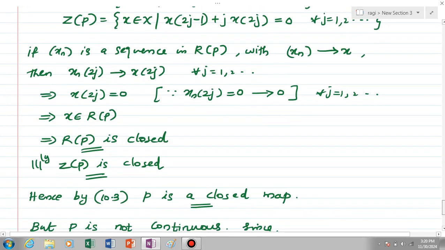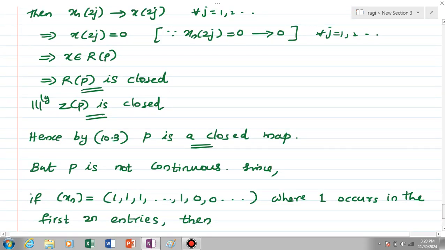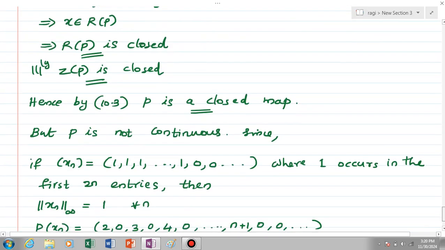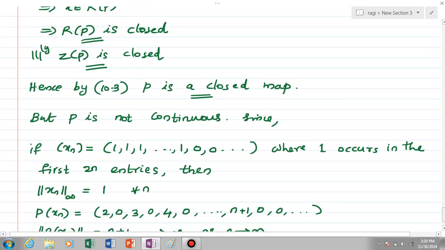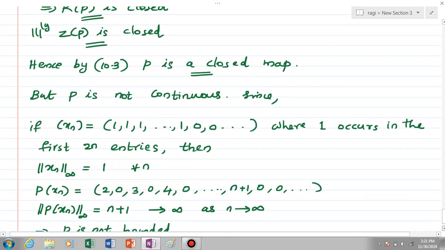But here P is not continuous, because if we let x_n be the sequence 1, 1, 1, 1, etc., 1, 0, 0, etc., that is, 1 occurs in the first 2n entries, then norm infinity of x_n is clearly 1 for every n, and P(x_n) by the definition is equal to 2, 0, 3, 0, etc., n + 1, 0, 0, 0, etc. From this we can say that norm infinity of P(x_n) is equal to n + 1, which clearly converges to infinity as n tends to infinity. So this means that P is not bounded and hence P is not continuous.